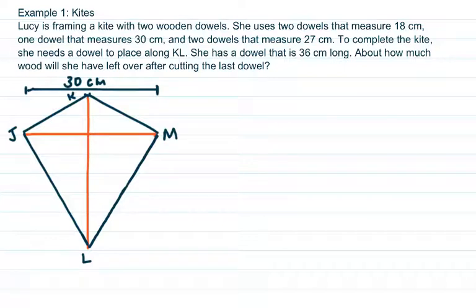So this portion is 18. This portion is 18. Then there's a portion that's 30 that's labeled here at the top. And then there is a portion that is 27, that's this side here, JL and LM.